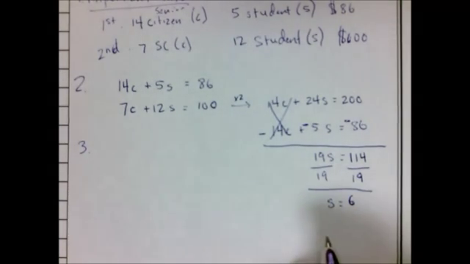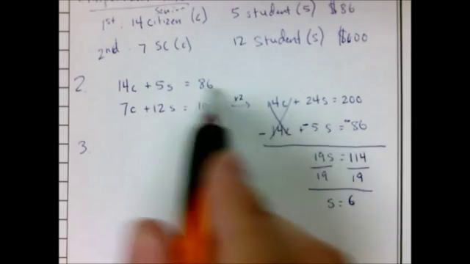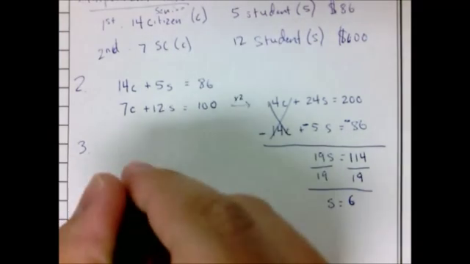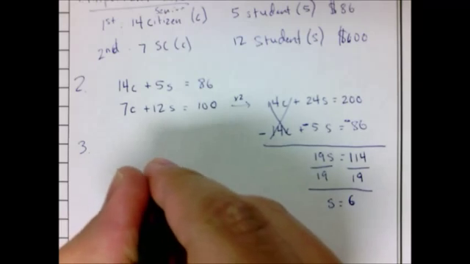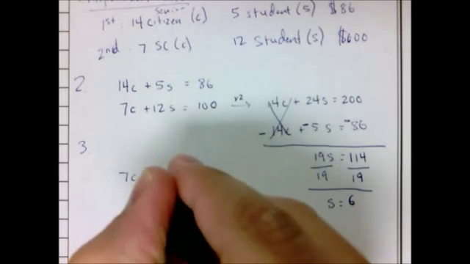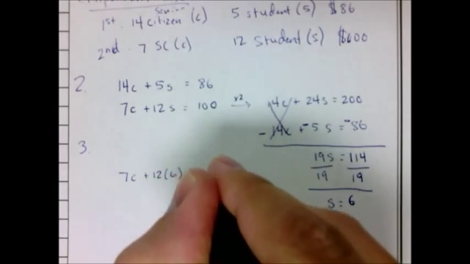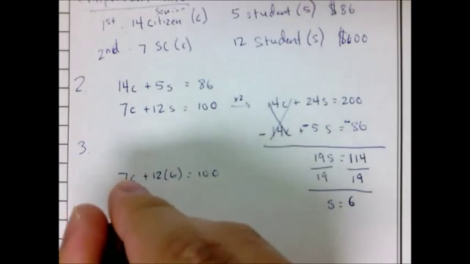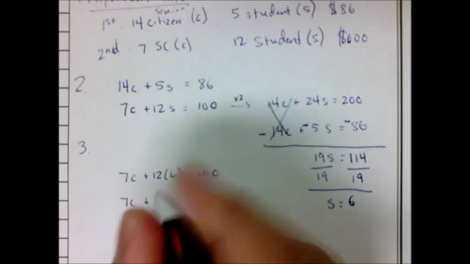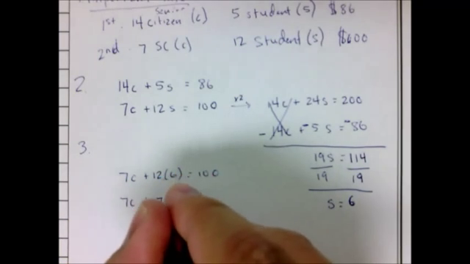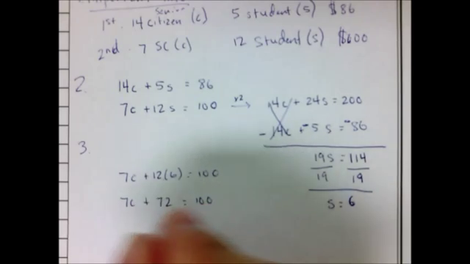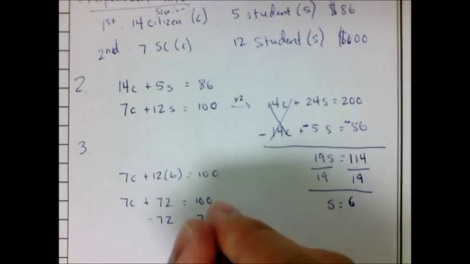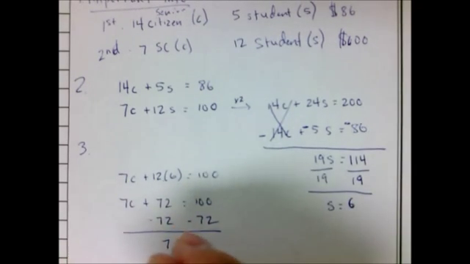So I'm going to go ahead, and 100 is an even number, so I'm going to go ahead and use that one. We've got 7c plus 12s, but remember s is 6. That equals $100. And now we can figure out how much each senior citizen price is. We're going to have 7c plus 12 times 6 is 72 equals $100. Minus the 72 on both sides, we're going to get 7c is equal to 28.